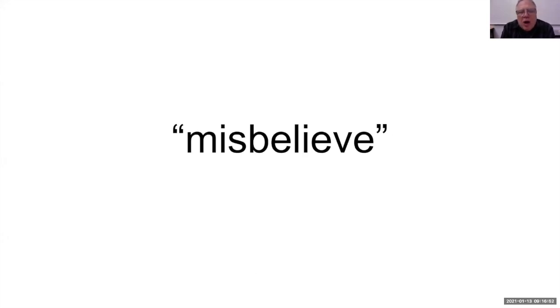We talked about that miss has a certain meaning that it brings to the word. So the word misbelieve means to believe wrongly. MIS has the meaning of wrongly, to miss the meaning, to make a mistake is to believe wrongly.